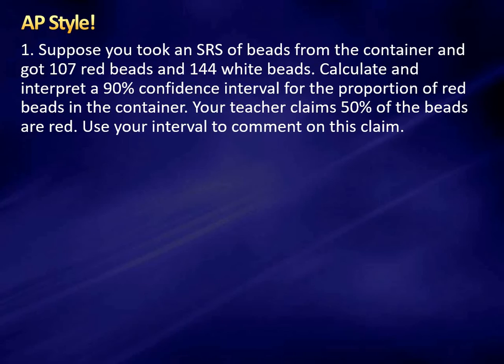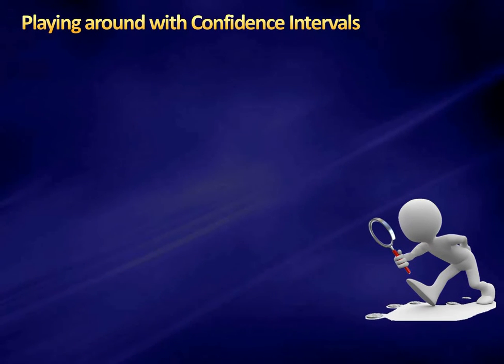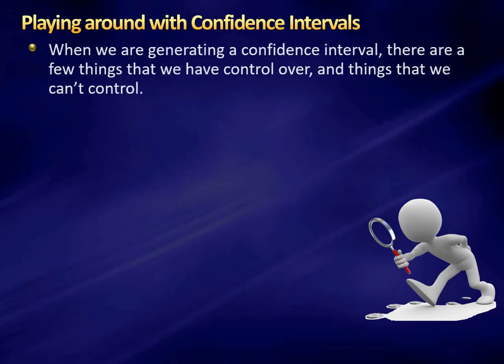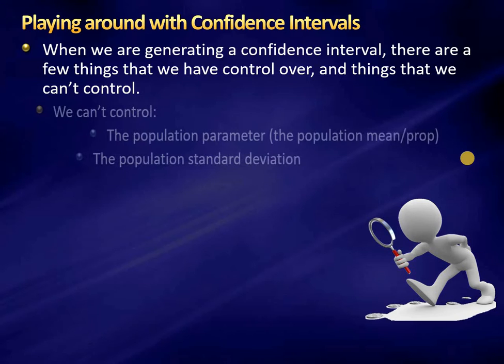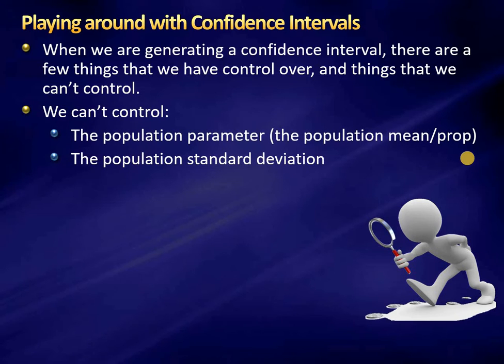All right. So if you were looking at the homework, it did a little bit of playing around with the confidence intervals. We need to understand that for a confidence interval itself, there are relatively few things that you can change, that you have any control over. I cannot control the population parameter. I can't control what I'm trying to measure.